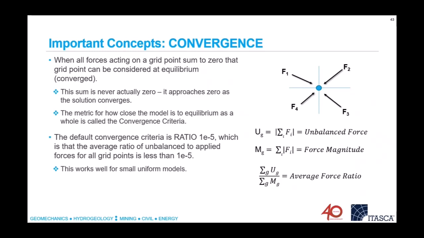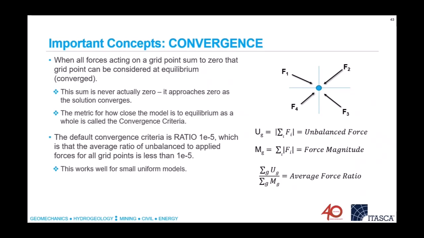And the typical way to calculate when to stop is we calculate the average unbalanced force for the whole model. And then we compare the local unbalanced force to the unbalanced force for all grid points. And that's where we calculate this average force ratio.